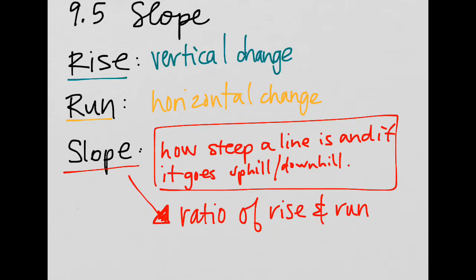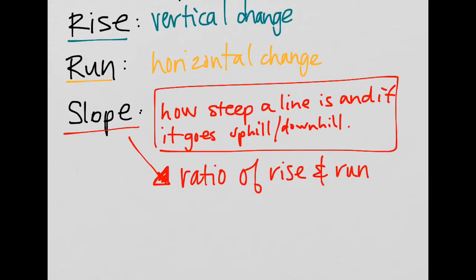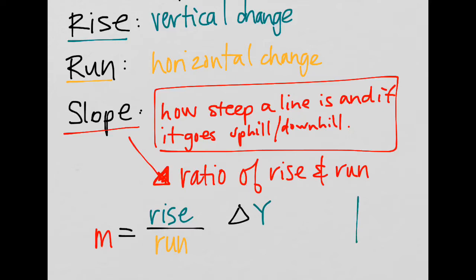Okay, so our slope is going to be described by the letter M, and it is going to be equal to the rise divided by the run. We will generally say rise over run. Sometimes we'll say the change in Y, because Y is your vertical axis, over the change in X. Now this triangle here is just the Greek letter delta, and it stands for the change in.